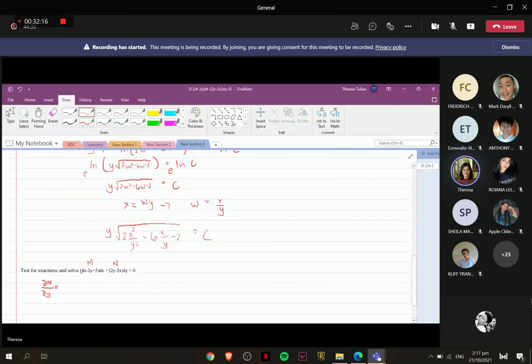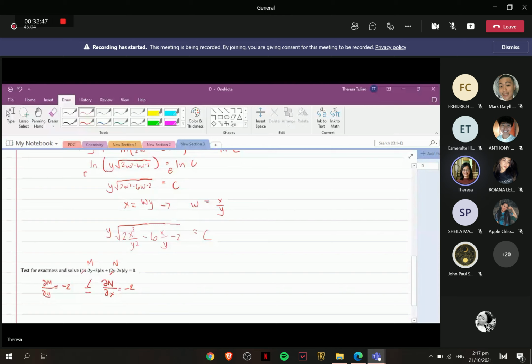Okay? So, dito tayo sa N. Ang constant naman natin this time is y. If we treat y as constant, negative 2 ang differential natin. So, are they equal? Yes, they are equal. So, this means that the given differential equation is exact.